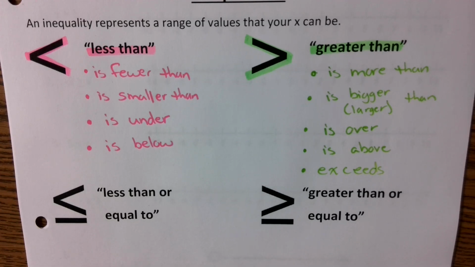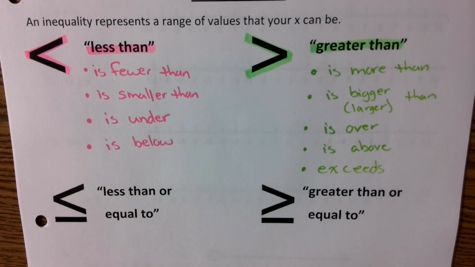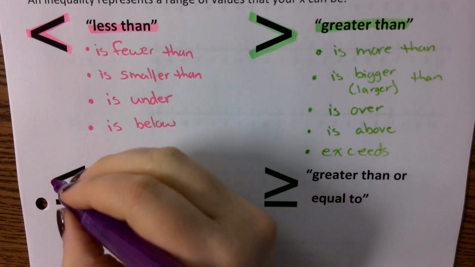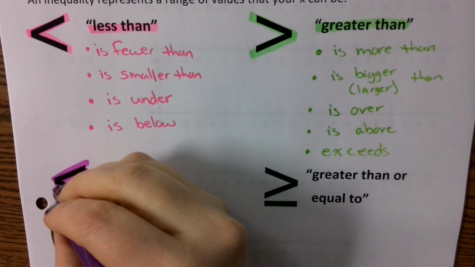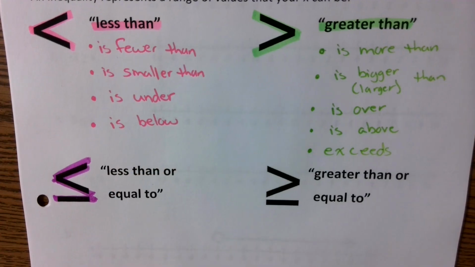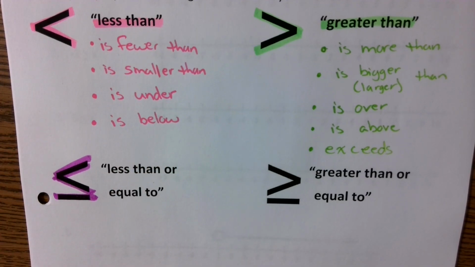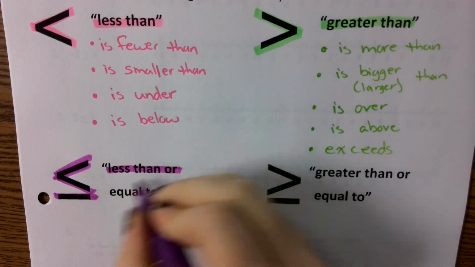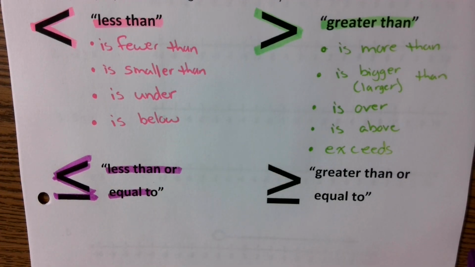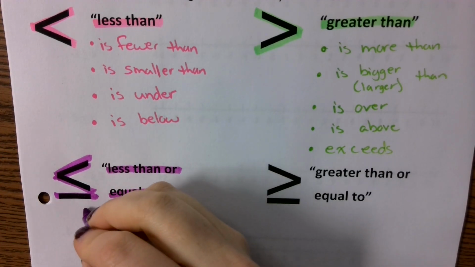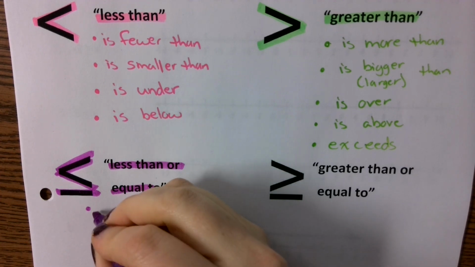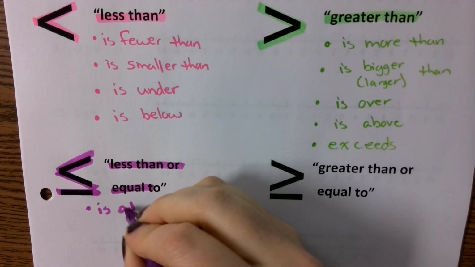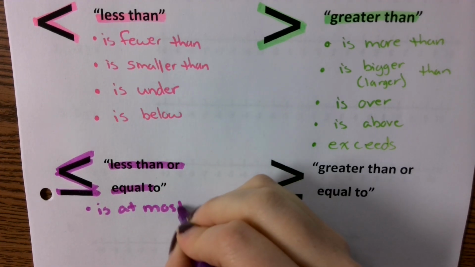Okay, then we've got less than or equal to. For less than or equal to, not only does it have to be smaller than a certain value, but it could also be exactly equal to that value. We have some very unique phrases for that. Is at most.